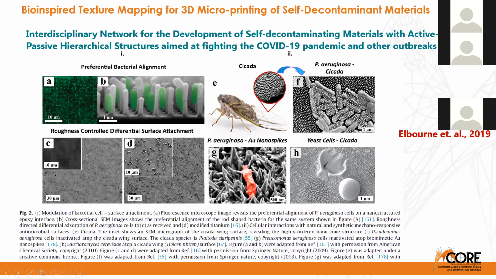These nanopillars can rupture the bacteria membrane, as you can see in this picture, the bacteria being pierced by these nanopillars. But this is only one type of bacteria, Pseudomonas aeruginosa. There are several other types of bacteria that will not have this problem.